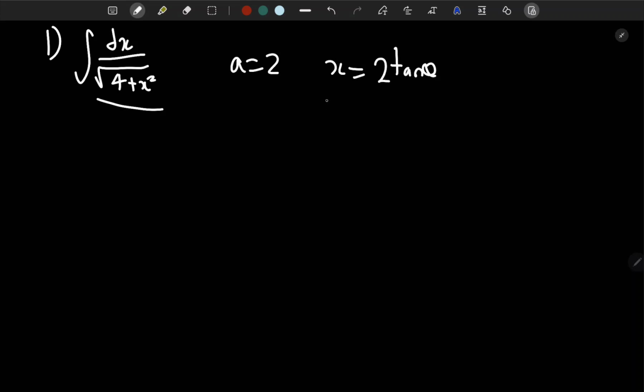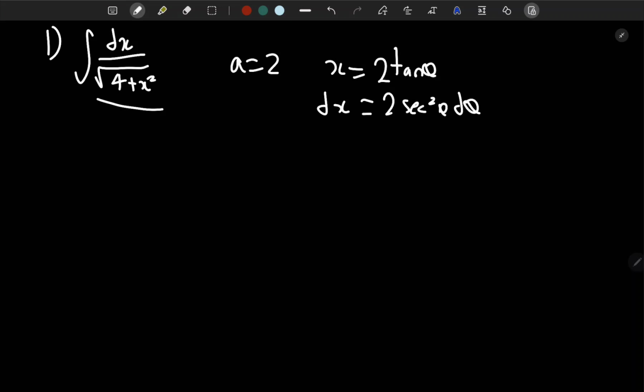Now we differentiate, so we find dx, since we want to replace all the x's with deltas. So dx is equal to 2 secant squared delta d delta, since the derivative of tan is secant squared.